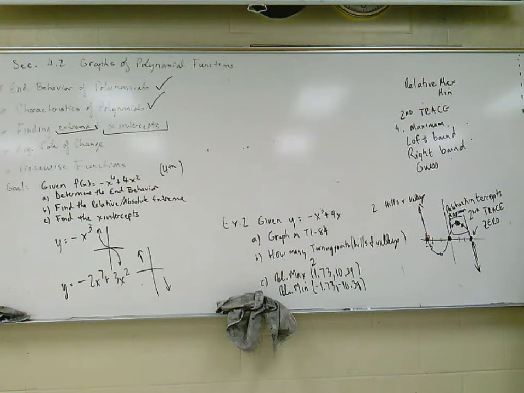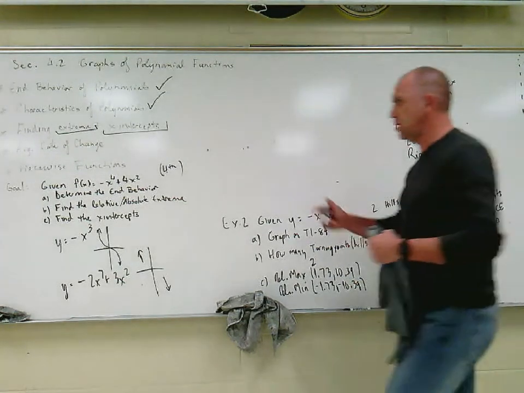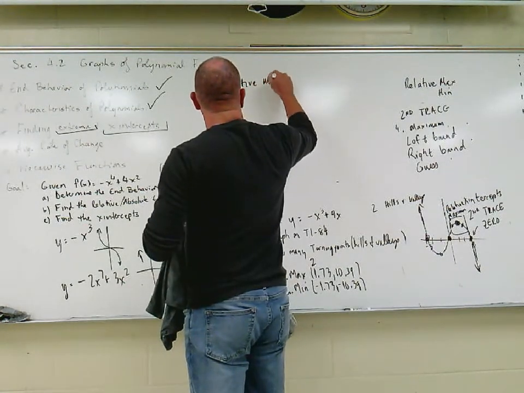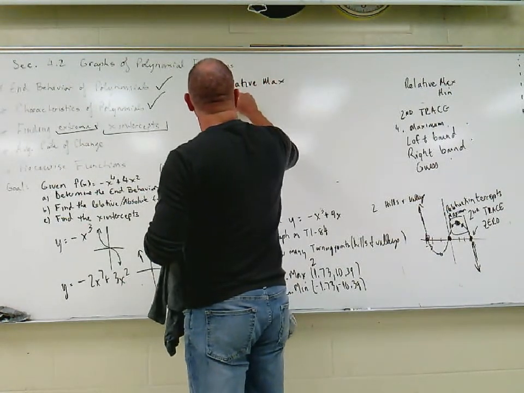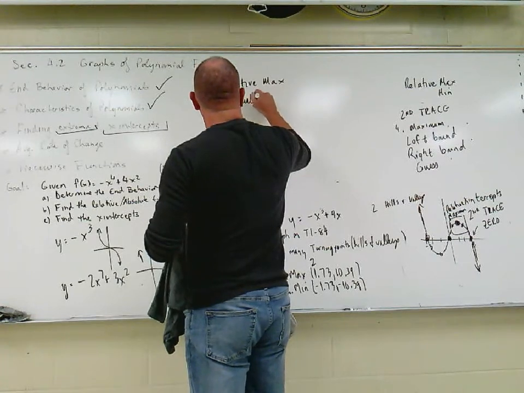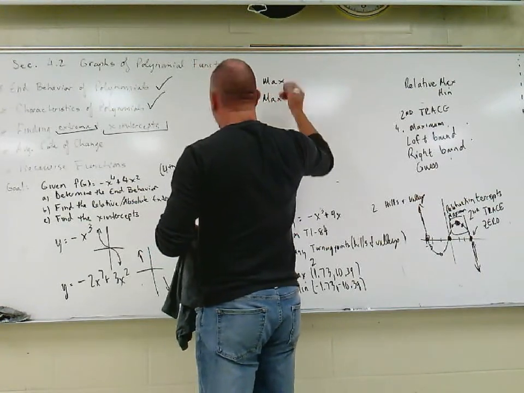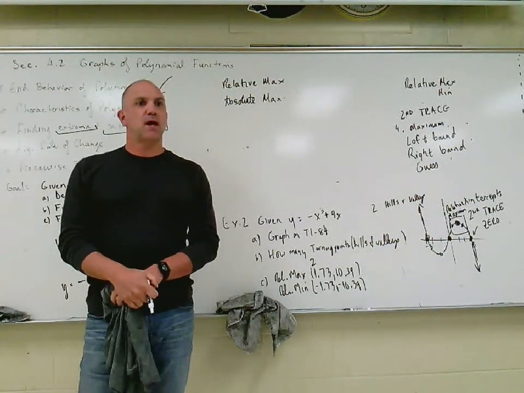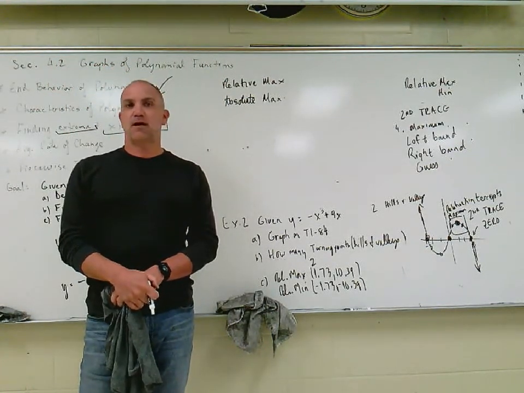Okay. So do you see how to find the x-intercepts and the hills and valleys? Now, what do you think is the difference between a relative max and an absolute max?